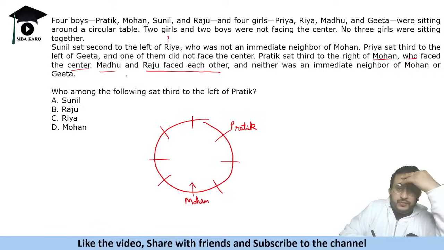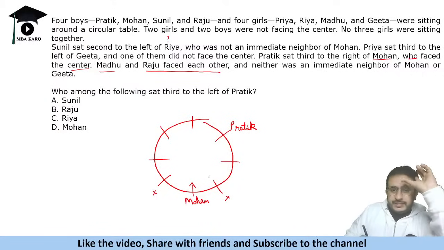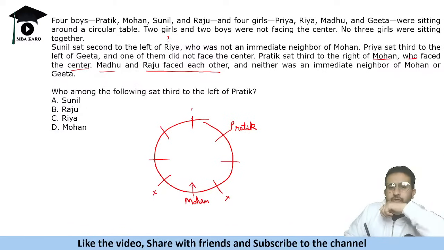Now let's see this. Madhu and Raju are facing each other, so they are not sitting in these two places. None of them could be here, because if that person is here, the opposite would be here. If this person is here, the opposite has to be here.